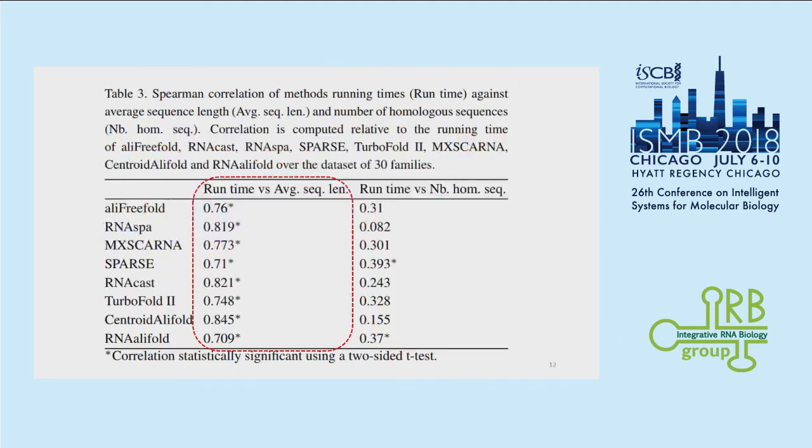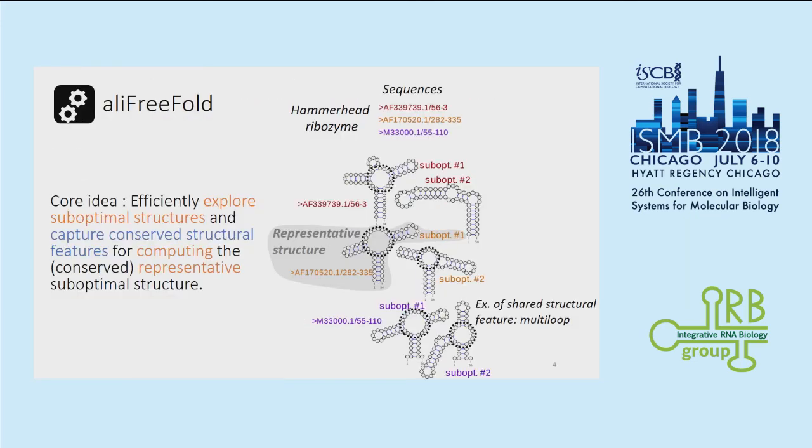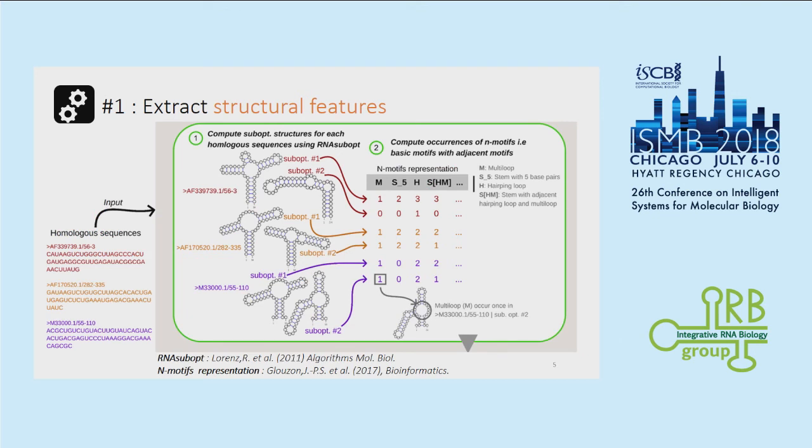Yeah, I think this goes back to the way we compute the feature vectors. Here, typically, we just record all the multi-loops, whatever the variation in terms of sequence length we have.